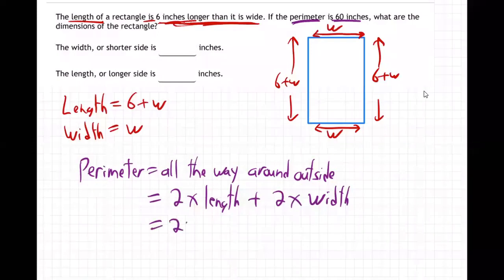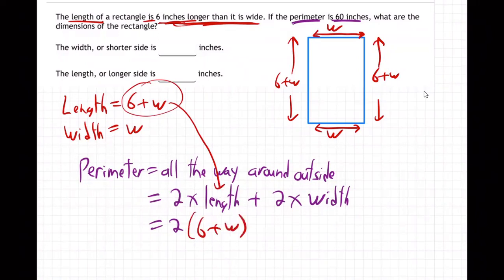So it's going to be 2 times, and then you grab the length formula. I'll be using 2, parentheses, 6 plus W, plus 2, and then parentheses W, because the width is just W. Like that.